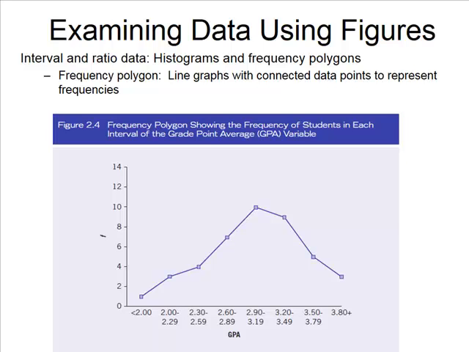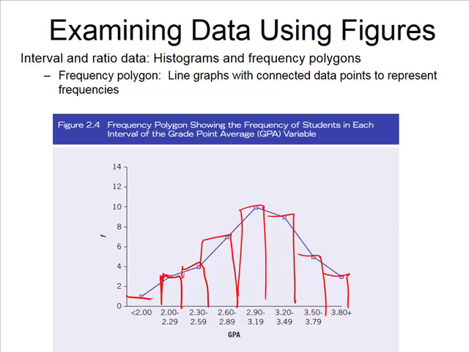The line is made up. Because really all they're doing is this. But they put a line in instead of a bar. Why? Because they want you to think it's a line. It's not.